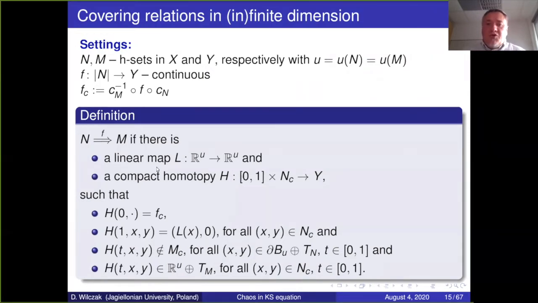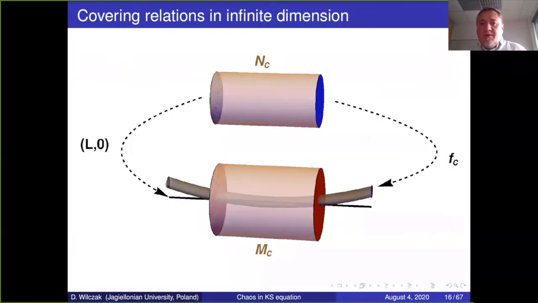And here is a definition of covering relations. This is something which connects the geometry of the sets with the map which acts on those sets. We say that F covers M if there is a linear map, an isomorphism actually, the u-dimensional map, and there is a compact homotopy which deforms this mapping FC to a linear map and 0 on the tail. Maybe the geometry is better to present here.